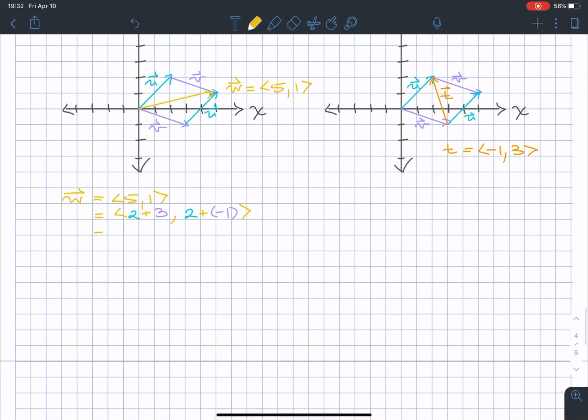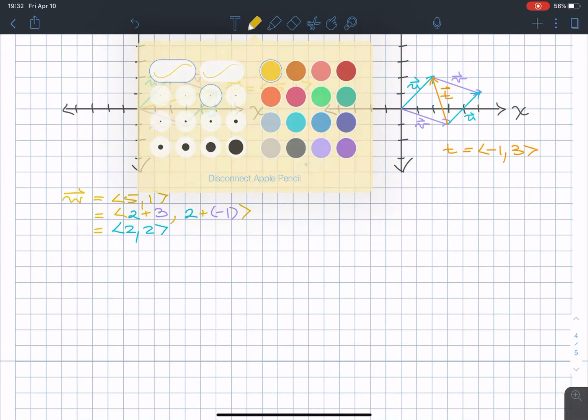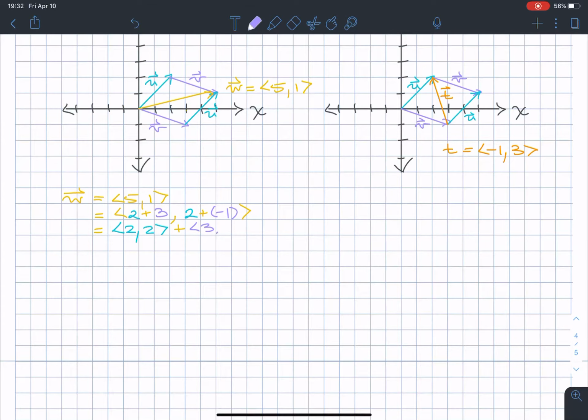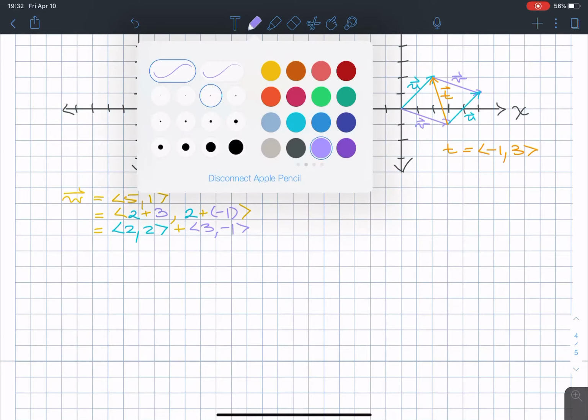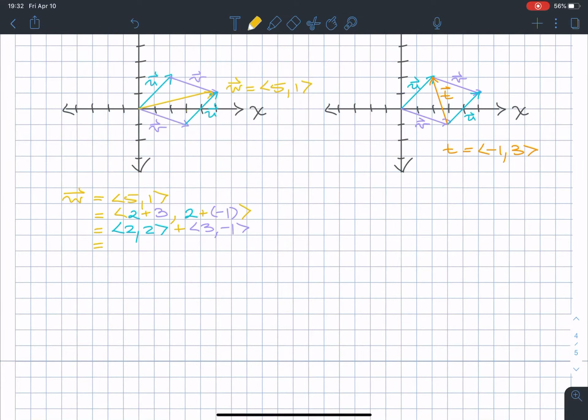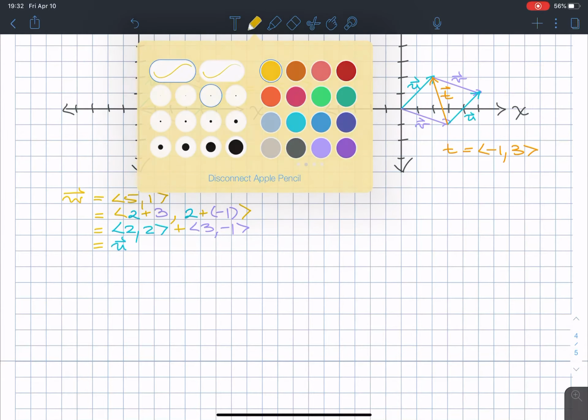That is, I can write this as 2 comma 2 plus 3 comma negative 1. Or, of course, W is vector U plus vector V.